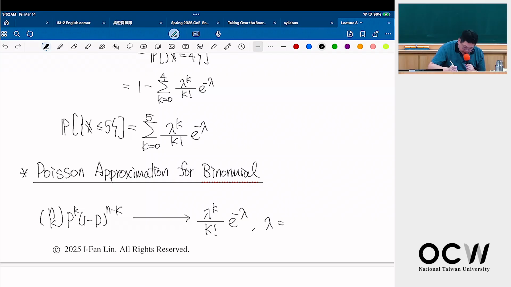And this time the lambda means np. Okay. This is only valid when p is very small and n is large.